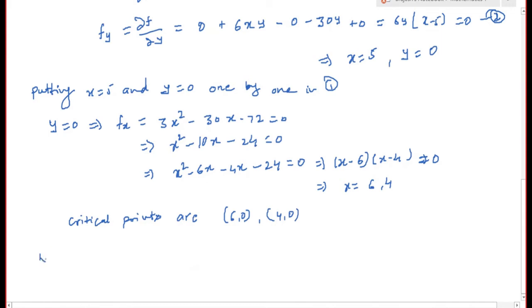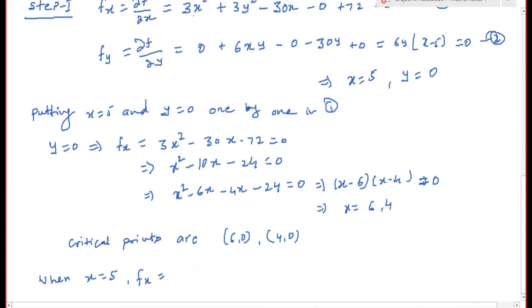Now, when x equals to 5, you will get fx, what you get here, see here, it is going to be 25 into 3, that is 75, plus 3y square, minus 30 into 5, it is 150, plus 72 equals to 0.